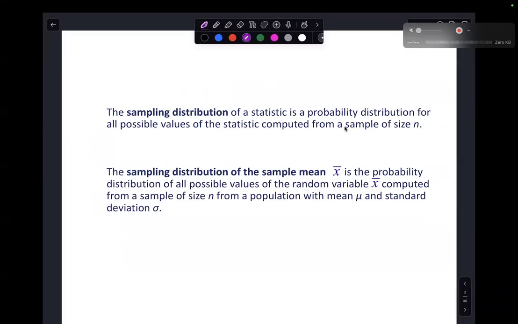So basically, whatever we're analyzing, we're going to use the mean for that. We're going to be finding the probability that if I got a random sample, the mean would be a certain amount. This is what we're looking at today, and I'm going to give you a better example in a second. We're looking at sampling distributions of sample means in 8.1, and then we'll be doing sampling proportions in 8.2.